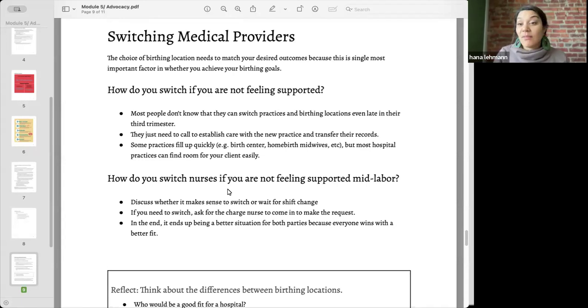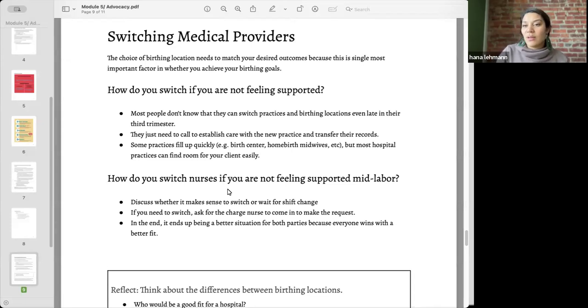But maybe from the beginning of the shift, you realize you're not aligned, and you're going to see your nurse quite a bit, a lot more than your OB or your midwife, right? So if you need to switch, ask for the charge nurse to come in to make a request, right? In the end, if it ends up being a better situation for both parties, the nurse and yourself, if you get a new nurse, right? As long as it's possible.